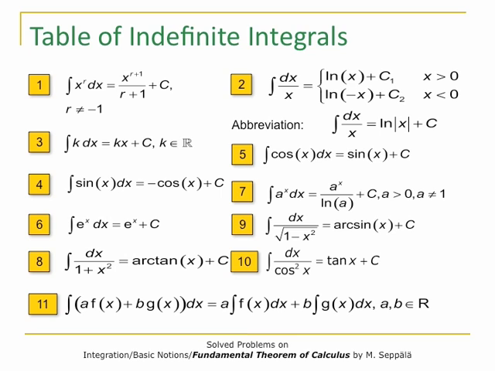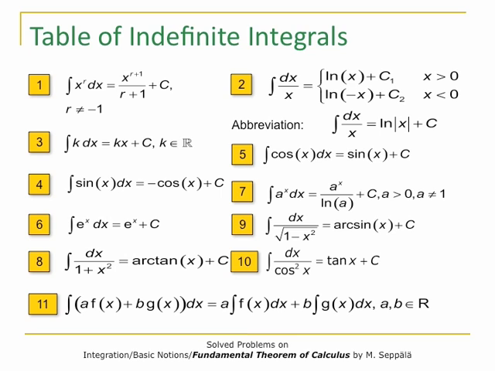The second rule says that the indefinite integral of 1 over x is log of x plus a constant c1 if x is positive, and log of negative x plus a constant c2 if x is negative. This is usually written as saying the indefinite integral of dx divided by x is log of the absolute value of x plus a constant of integration.